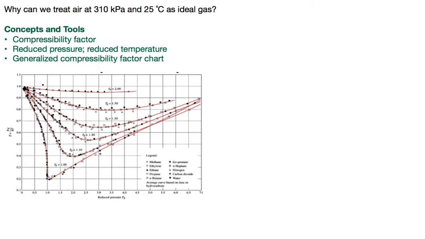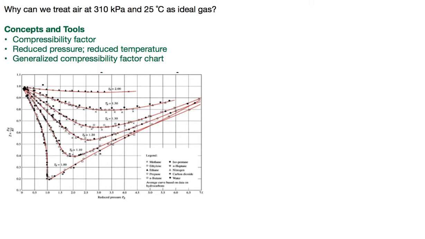And then we're going to use the generalized compressibility factor chart to find the corresponding compressibility factor for air at this condition and show that the compressibility factor is essentially 1, which tells us that the air at this condition is a very good approximation for the ideal gas.